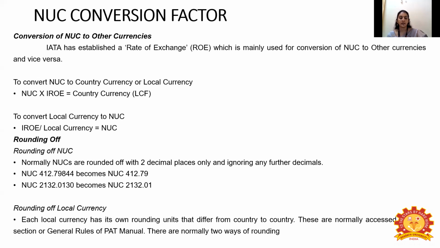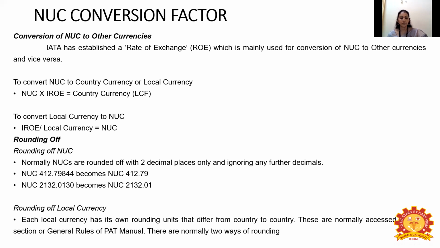Similarly, to convert Indian rupee into neutral unit, we divide by the rate of exchange. So this is the basic procedure: one is multiplying and the other is dividing. This is simply for converting a neutral unit of currency to the specific country's currency.